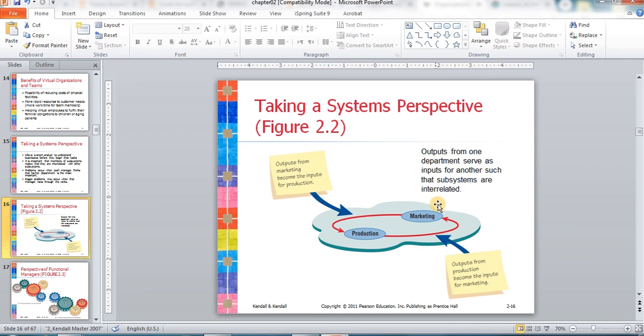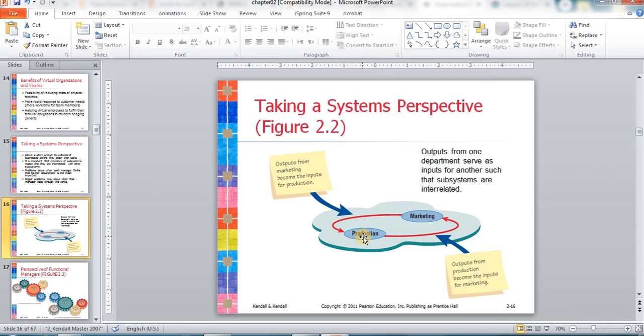So the feedback that the marketing department obtains from the actual market is used by the production department to enhance its products, its production process. So both departments depend on each other. The marketing department depends on the production to obtain the actual goods that will be sold, and the production will depend on the marketing department to obtain feedback from the customers who buy the product or the goods, and work on this feedback to improve the products.